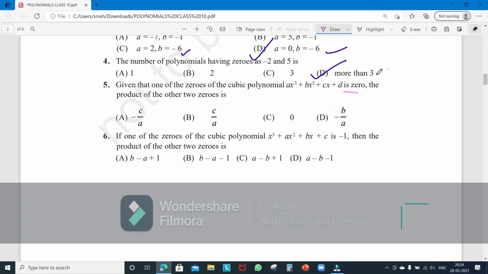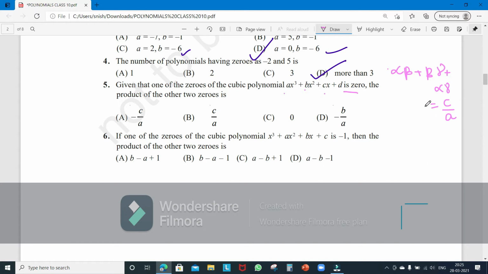So let's do one thing. We know that in such an equation, the product of the roots taken 2 at a time, alpha beta plus beta gamma plus alpha gamma, will be c by a. For a cubic equation, first will be minus b by a, then c by a.